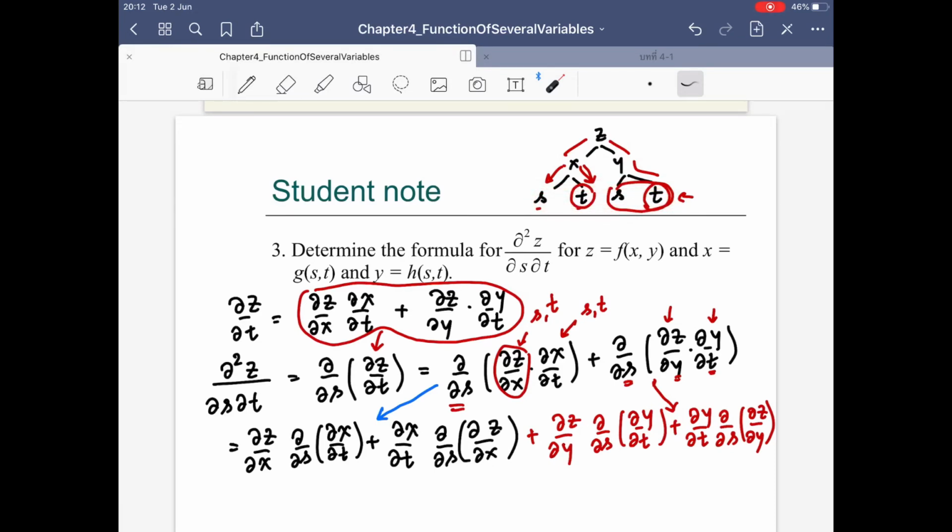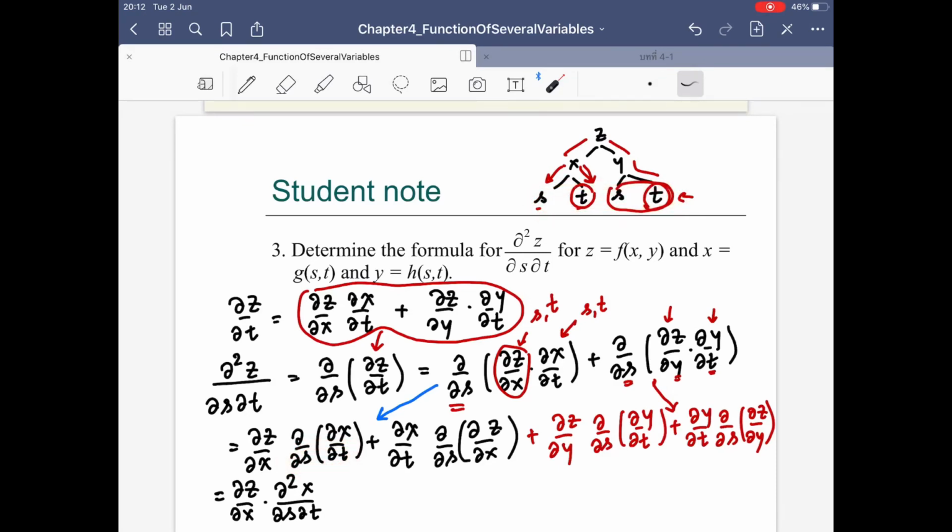So this means that if you want to find a derivative with respect to s of this function, it is just combined to be dz by dx and then d2x by ds dt, because your s and t are the same level of variable.